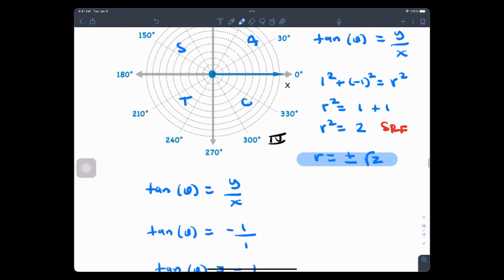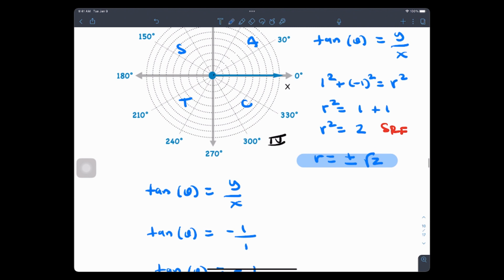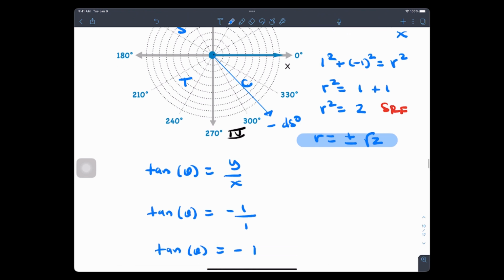But if theta is negative pi over 4, negative 45 degrees, doesn't my radius have to be positive if the angle is negative? I have 2 options. That means my radius is positive square root of 2, because my point is in quadrant 4.